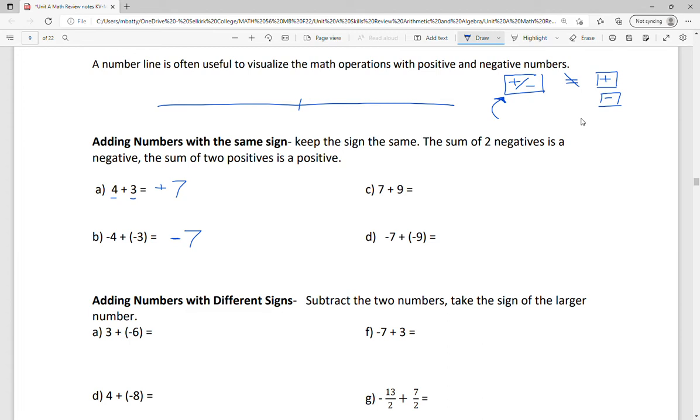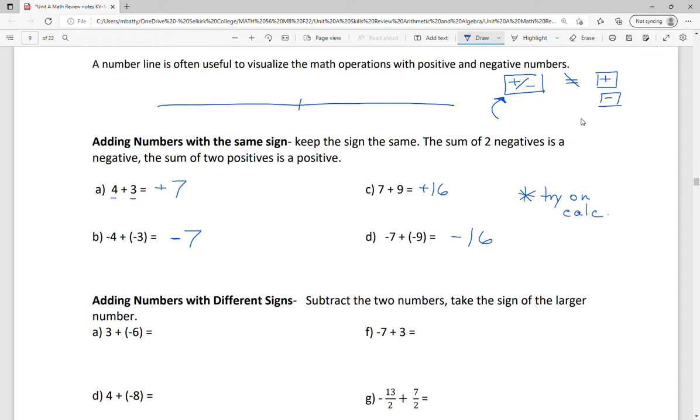So these two examples are illustrating that. Over here, we have the same signs. You add them and you keep the sign. Here, adding the same signs, you add them and you keep that sign. You can enter these on your calculator, so try on your calculator.